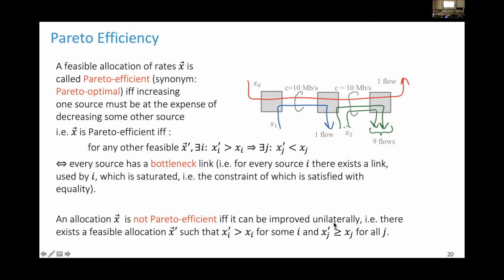Any increase is at the expense of another decrease. In other words, each source has a bottleneck: in the path of each source, there exists one link that is saturated, satisfied with equality rather than inequality.